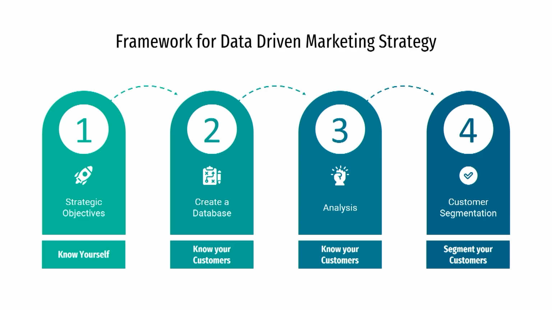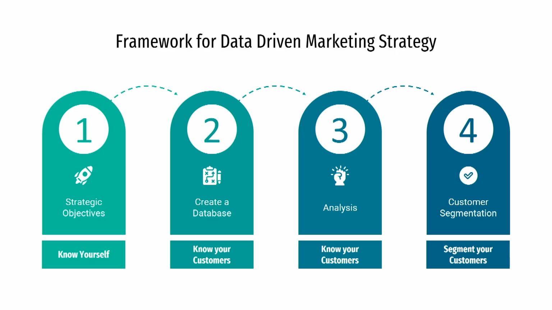So, in a nutshell, marketing strategy consists of goals or objectives, the target market, the value proposition, the market research, key messages and channels. When we talk about this particular framework, the framework for data driven marketing strategy, it consists of 8 components.